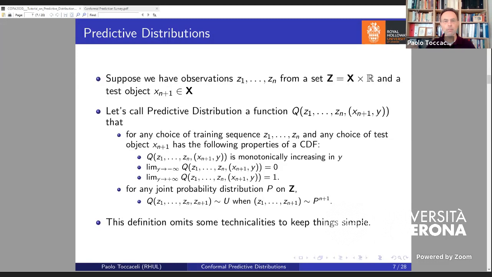Its limit for y that goes to minus infinity is 0, and the limit for y that tends to plus infinity is 1.